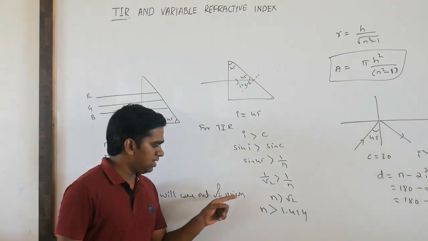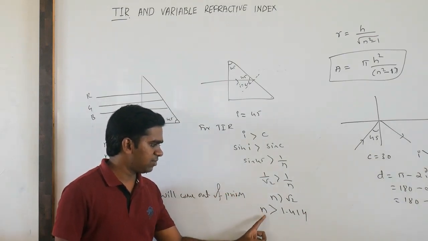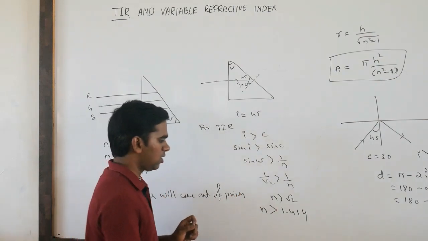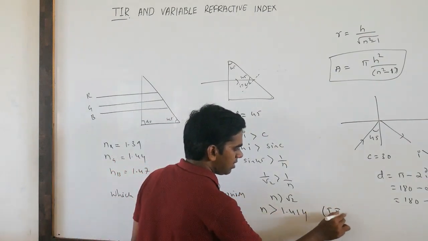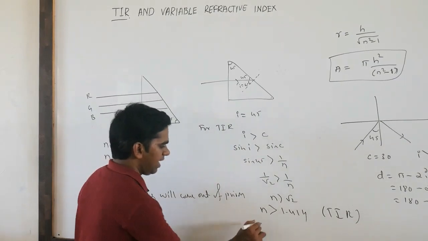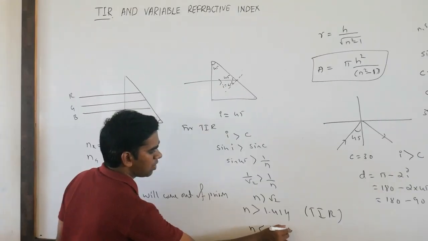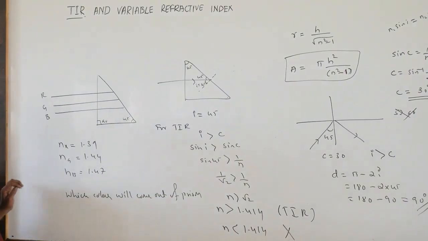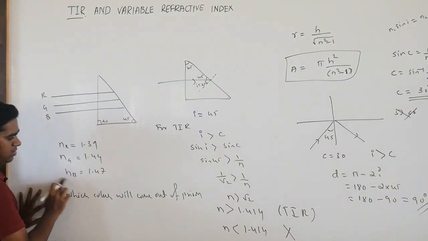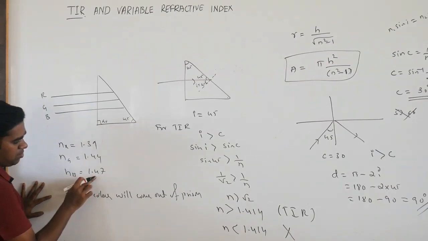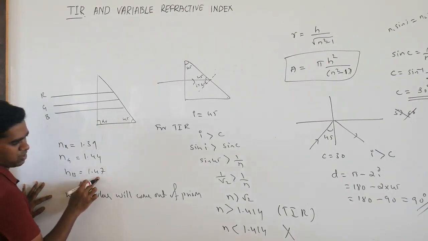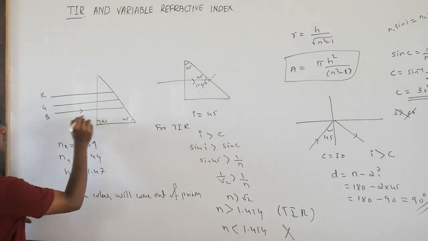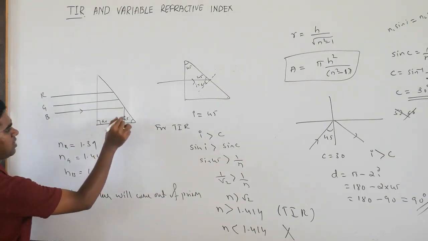If the given color has a refractive index greater than 1.414, then that ray will get total internal reflection. If n is less than 1.414, then there is no total internal reflection. So we can check here. If you take blue light, the refractive index is 1.47, which is greater than 1.41, so this will get total internal reflection.